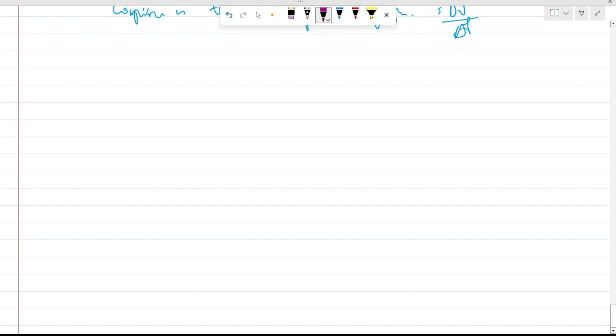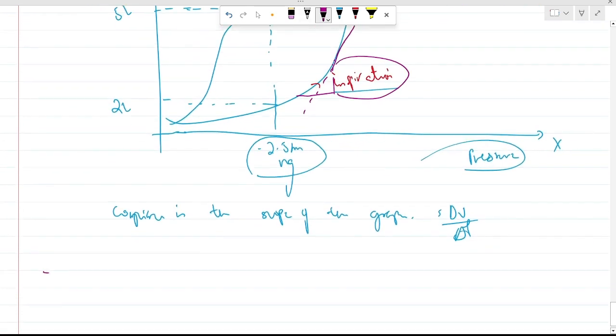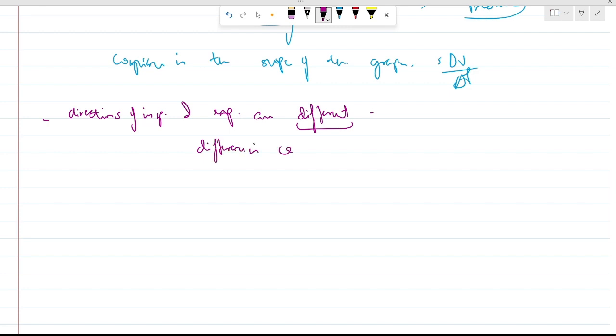Now one important point is that the directions of inspiration and expiration are opposite here. This is our inspiration, this is our expiration. The directions are different. Why? This difference is called hysteresis.